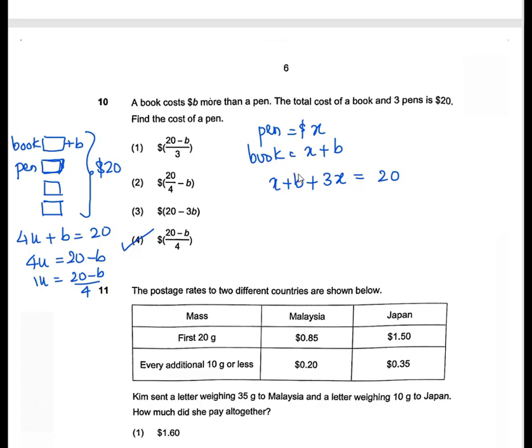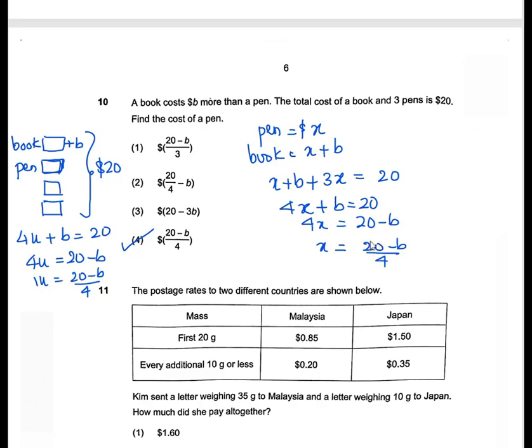Now in algebra, 3X plus X is equal to 4X. It's like saying 3 pens plus 1 pen. So that is 3 plus 1, 4 pens. So it's 4X here, plus B equals 20. And 4X is equal to 20 minus B. And X, you want to remove 4 from this side, you divide by 4 here and also divide by 4 on the other side.